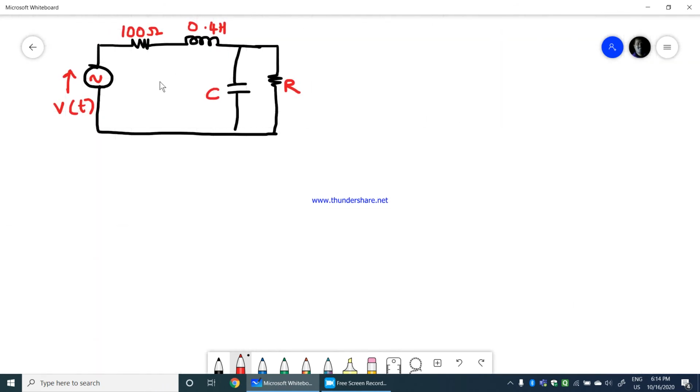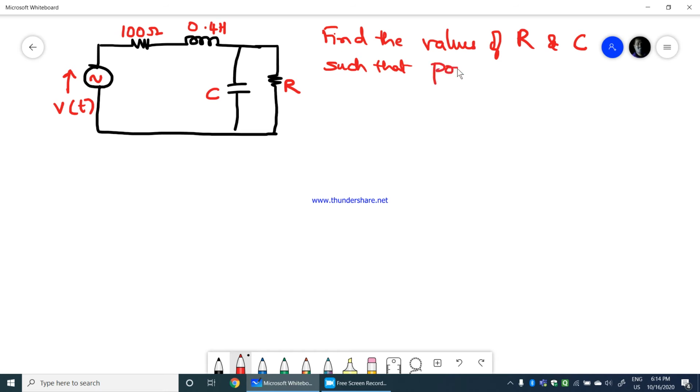Okay, in this problem, what we need to find out are the values of R and C such that the power delivered to R is maximum, and also calculate the power.